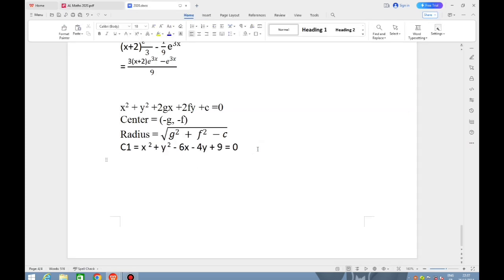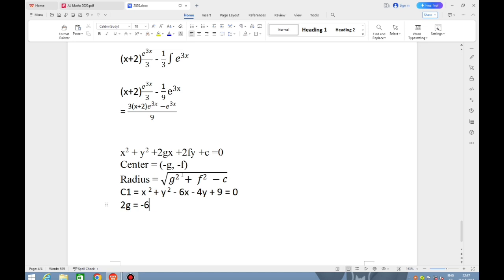We have that 2g is equal to negative 6, implying that g is equal to negative 3, and 2f is equal to negative 4, implying that f is equal to negative 2.